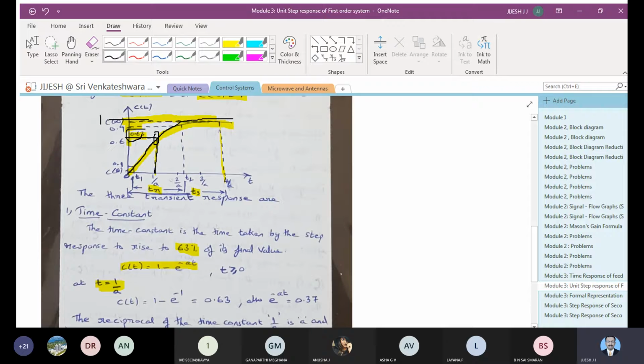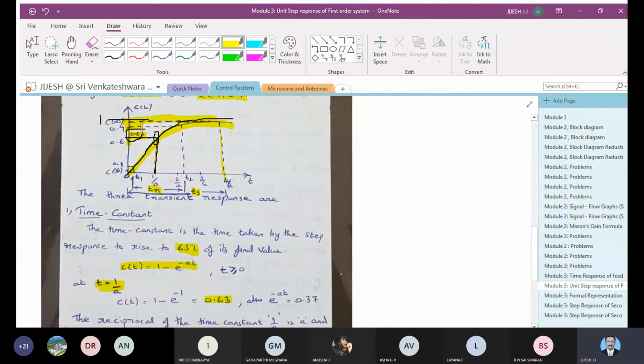The a and a get cancelled, and you get e to the power of minus 1. So you can write the value of c of t as 1 minus e to the power of minus 1, and you will be getting 0.63. So c of t is 0.63.